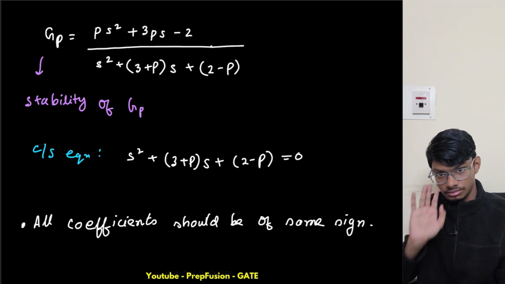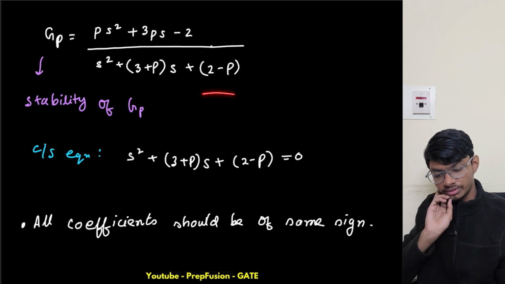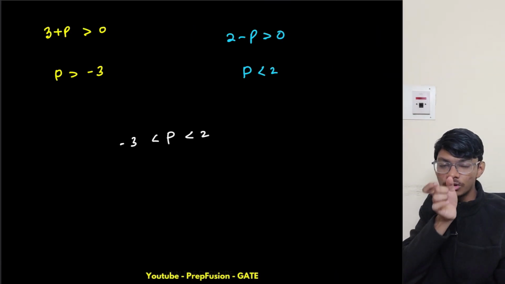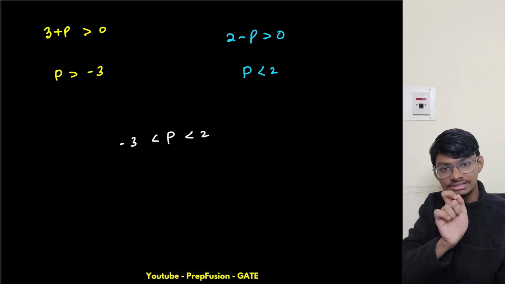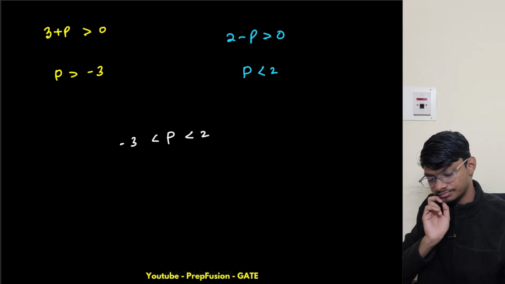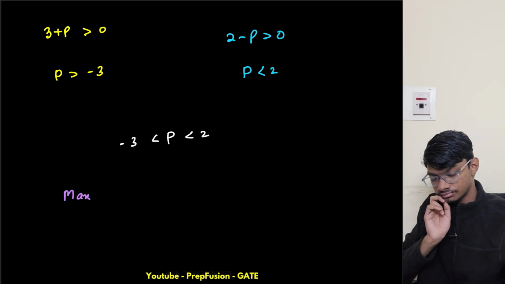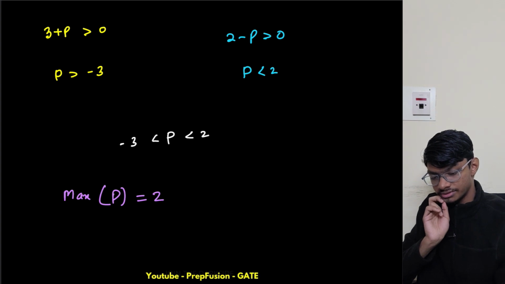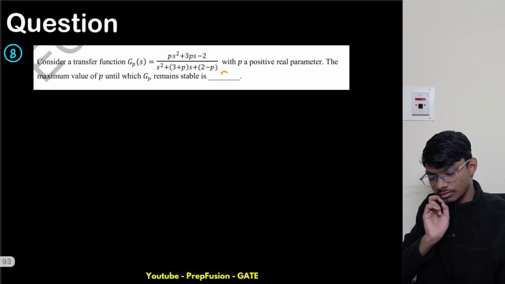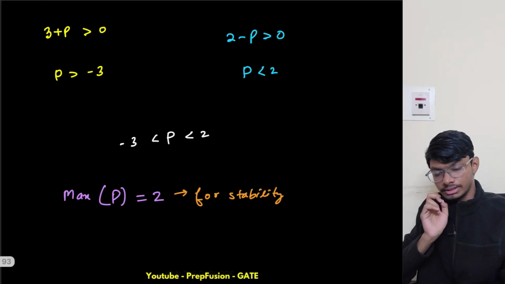Just before p equals 2, at 1.99999, it is still stable. So my answer will be the maximum of p equals 2 for stability. So here I will write 2. So yeah, this is this question.